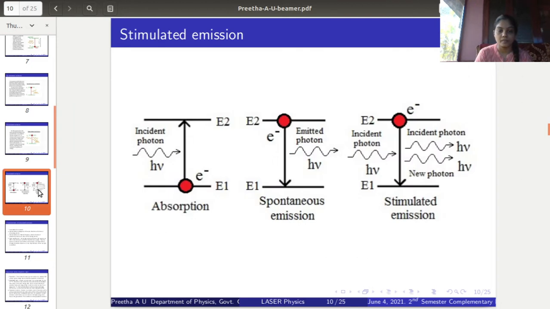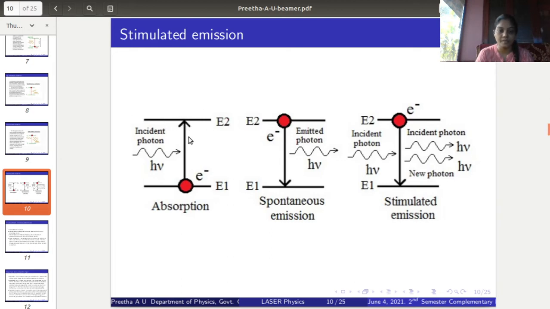So let's go back to the previous figure. We were discussing a material medium consisting of only two energy levels, E1 and E2, for simplicity. Let's explain metastable with this. Usually all the atoms will be in the ground state at normal temperature. But whenever an atom gets some energy, it gets excited to the higher energy state E2. At this high energy state, these atoms are unstable, that is, they cannot stay at this energy state for a long time.